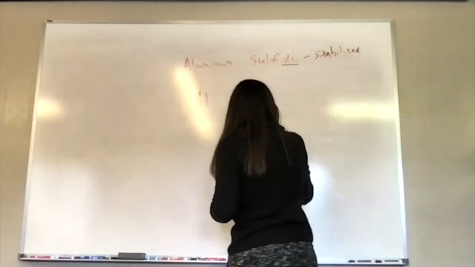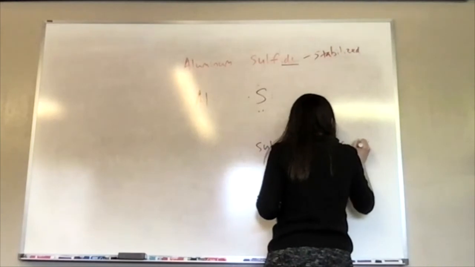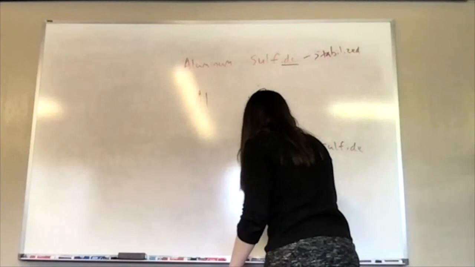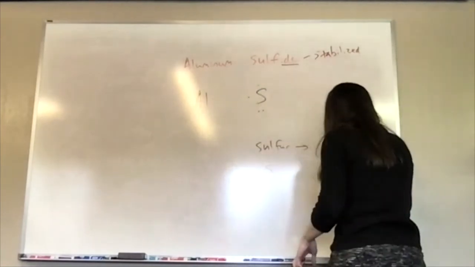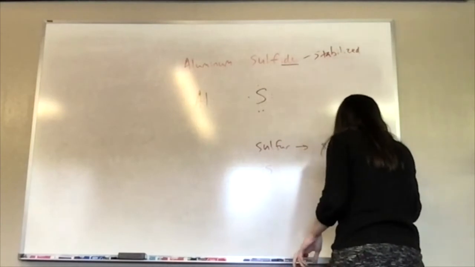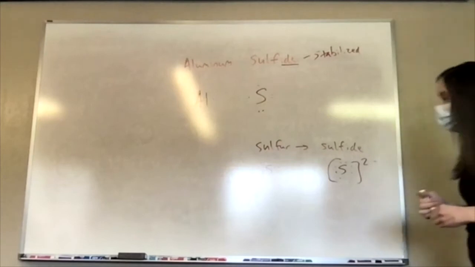So when sulfur becomes stable, it becomes sulfide. So what that means is that sulfur is 6 electrons. Sulfide would have 8 with a -2 charge. So that's the difference between the two.